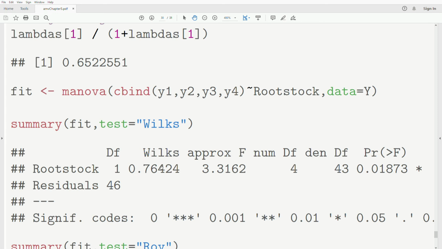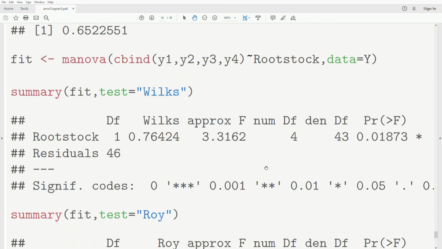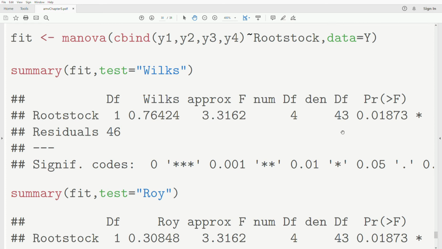So this value is actually a little bit different than the way it was originally computed, in which we just went through. But we're not going to go through that, but know that it's a slight transformation, and then an approximate F test that's derived, and then a p-value. And this is what we use in practice.